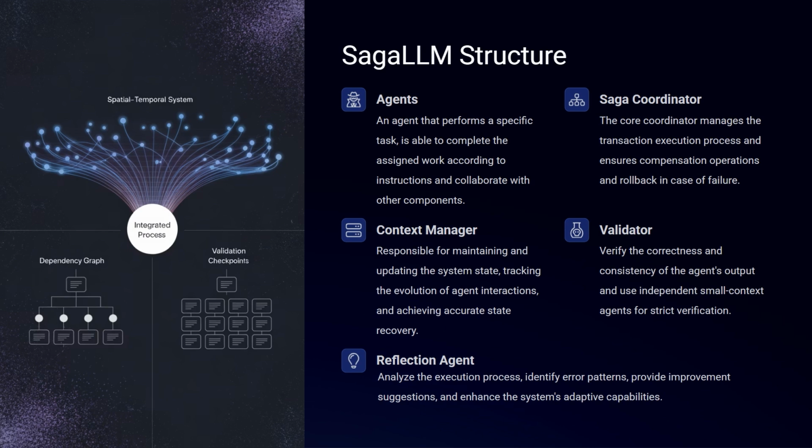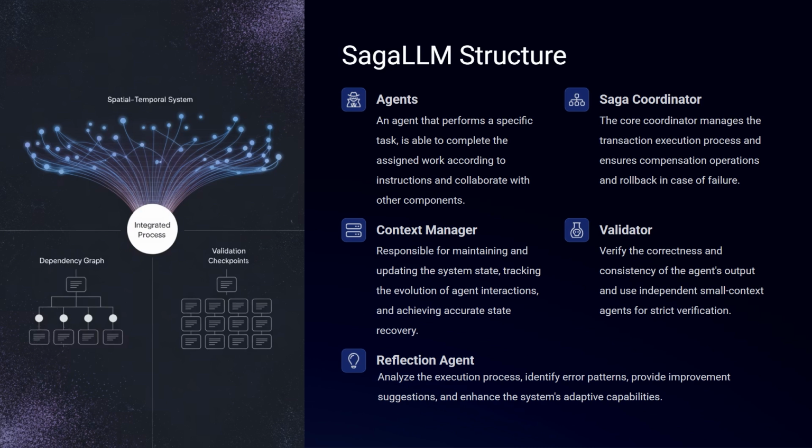The first one is the agent. An agent performs a specific task and is able to complete the assigned work according to instructions and collaborate with other components. The Saga coordinator manages the transaction execution process and ensures compensation operations and rollback in case of failure. The context manager is responsible for maintaining and updating the system state.